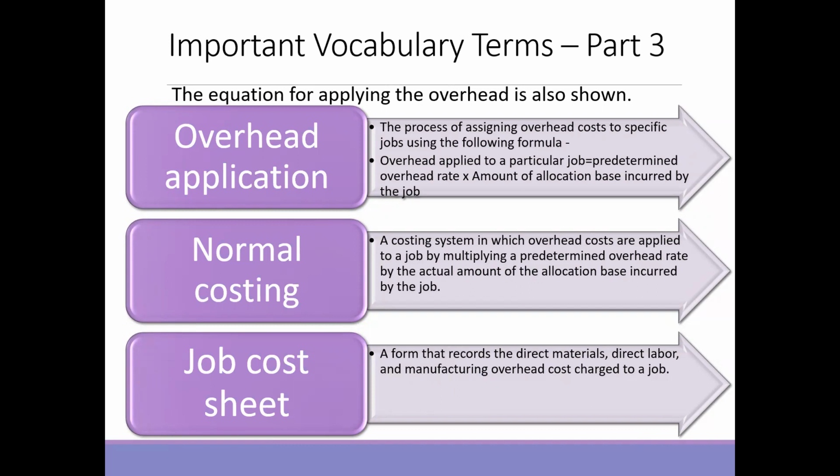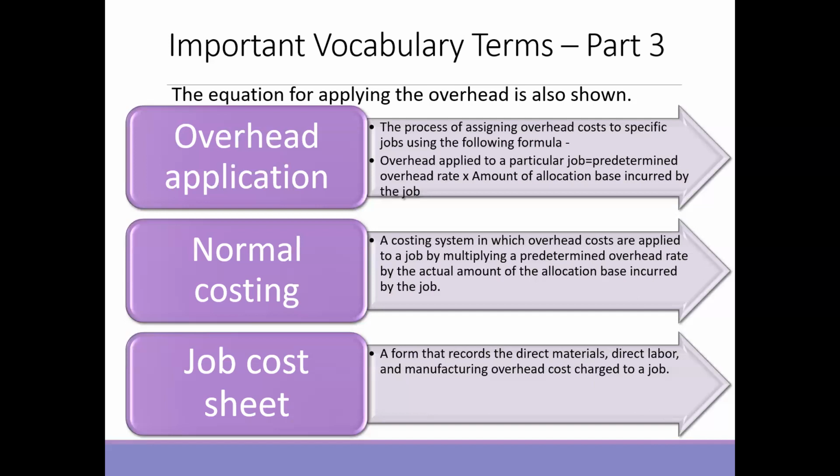So that's going to be the actual allocation, either actual machine hours or actual direct labor hours. Then we have normal costing, a costing system where overhead costs are applied to a job by multiplying the predetermined overhead rate by the actual amount of the allocation base that was incurred by the job.